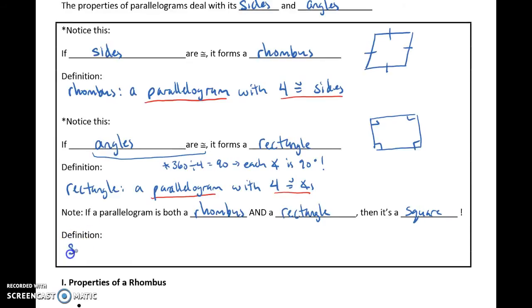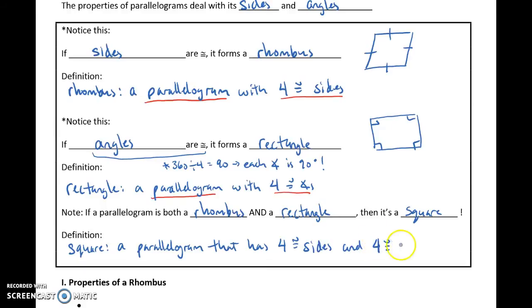So a square has 3 parts to it. It's a parallelogram that has 4 congruent sides and 4 congruent angles.